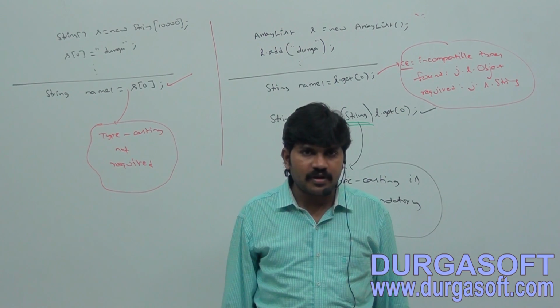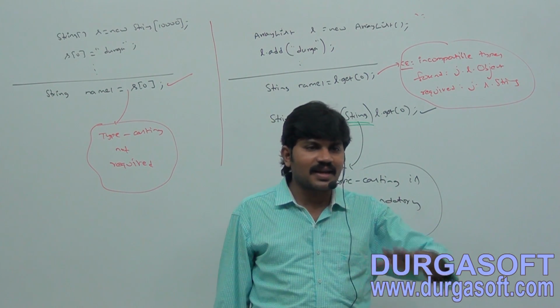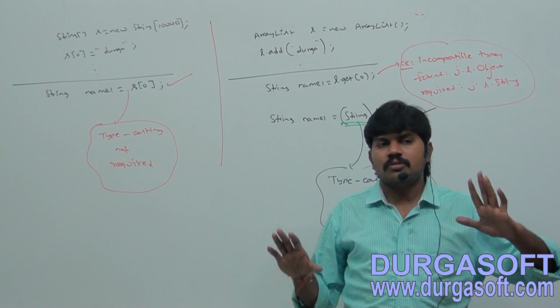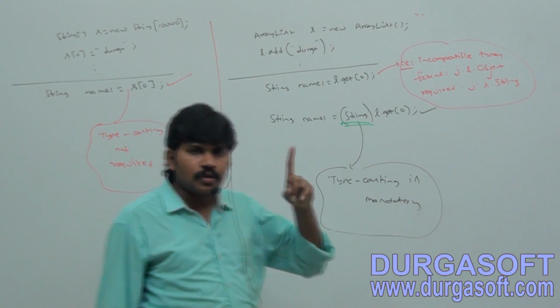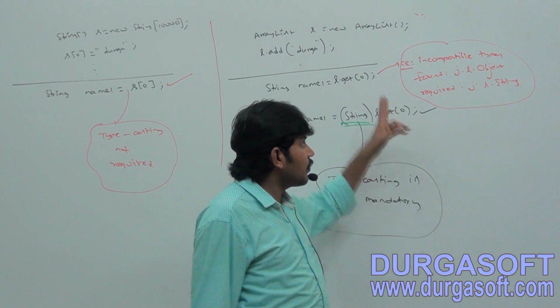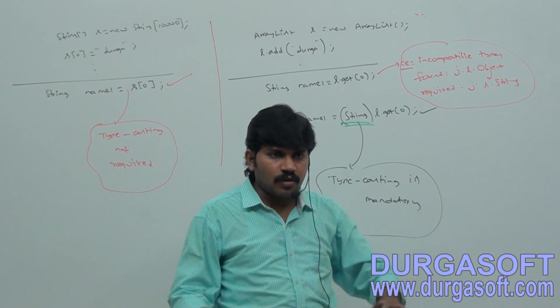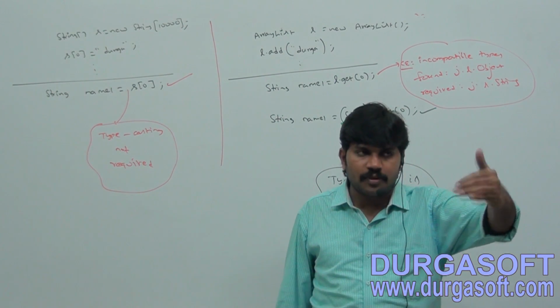I hope you people are aware of what a headache is, no need to explain. So how many problems did we identify in collections? The first problem is type safety. The second problem is the typecasting problem. To overcome these problems, which concept should we go for? Generics concept, right?